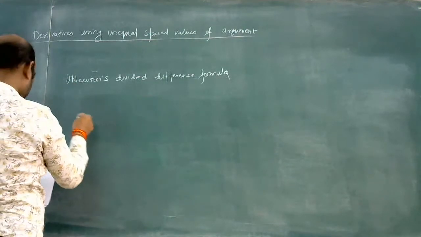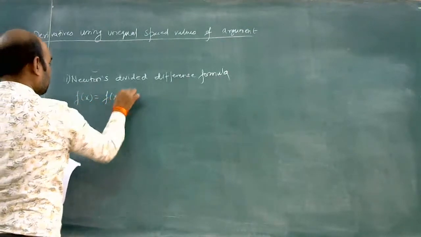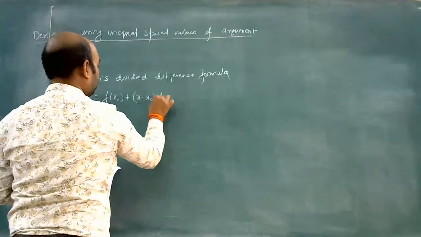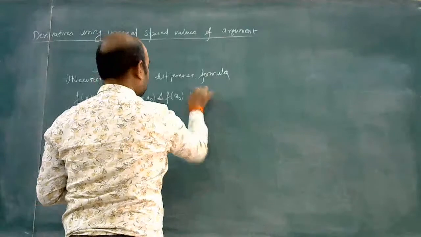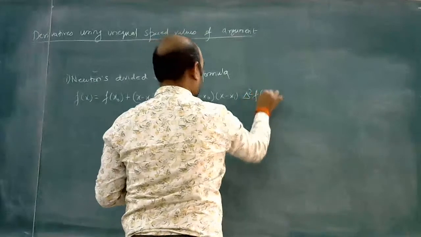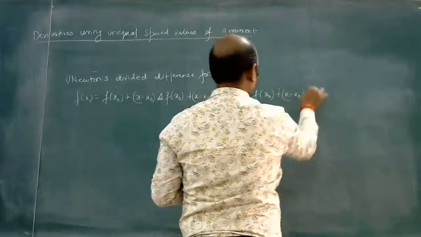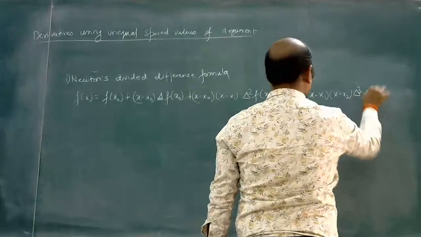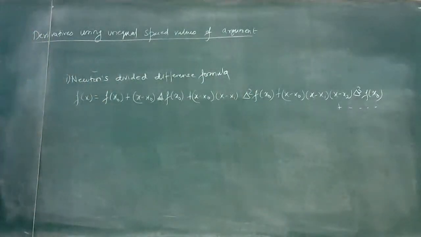So Newton's divided difference formula is f of x is equal to f of x naught plus x minus x naught del f of x naught plus x minus x naught into x minus x1 into del square f of x naught plus x minus x naught into x minus x1 into x minus x2 into del cube f of x naught. Okay, so this is Newton's divided difference formula.